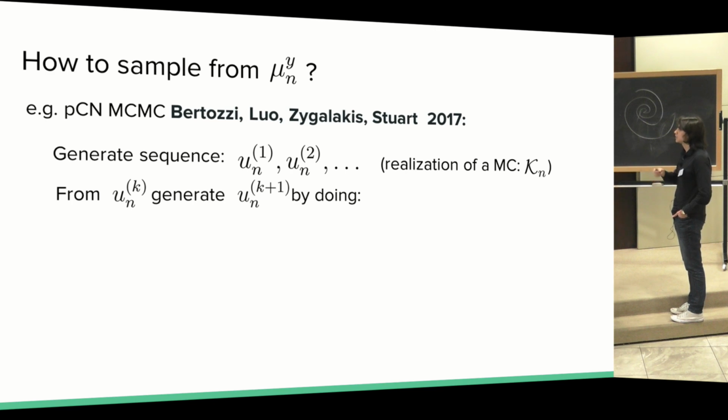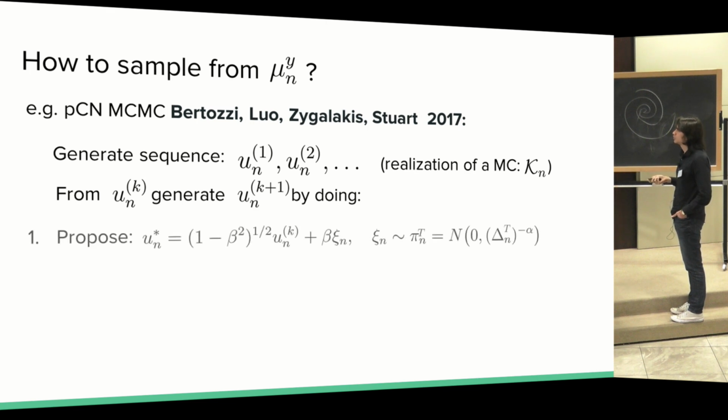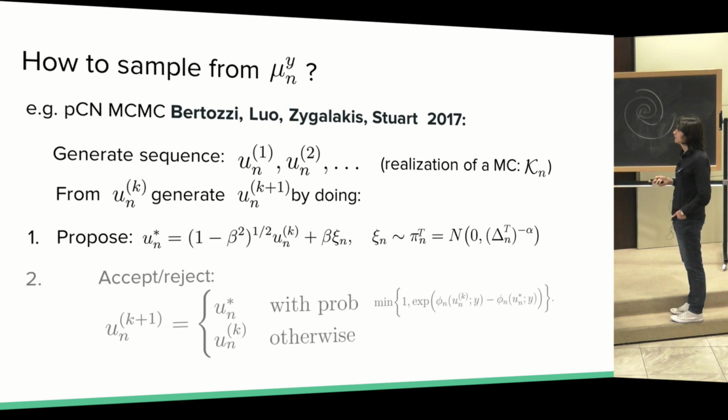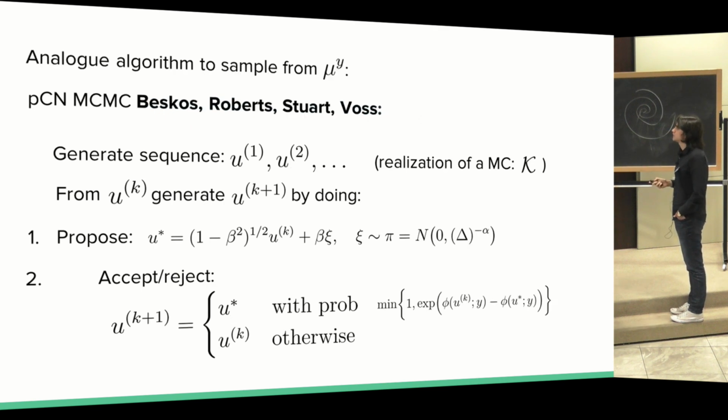They construct a sequence of classifiers that are generated randomly according to a Metropolis-Hastings type scheme, where you have a proposal step, and the novelty compared to what traditionally was done is a damping term, square root of 1 minus beta squared, with beta strictly less than 1, so that this number is strictly less than 1. So it's like a random walk, but then you're shrinking. And then you have some accept-reject step that looks like this. In particular, it doesn't depend on the prior, only on the likelihood. So they propose this scheme.